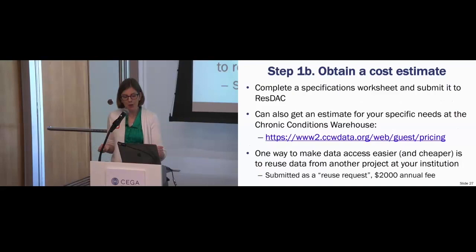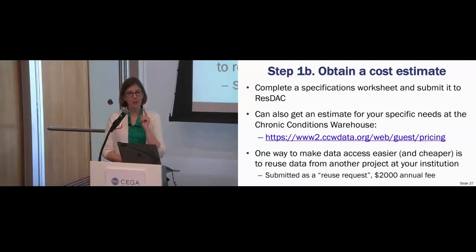If you go to the Chronic Conditions Warehouse website, which is a database centralization area that also manages a lot of the data delivery for ResDAC, it's a pretty cool tool. It allows you to select your cohort and then select all the different years of data and different data types that you want and get a cost estimate.